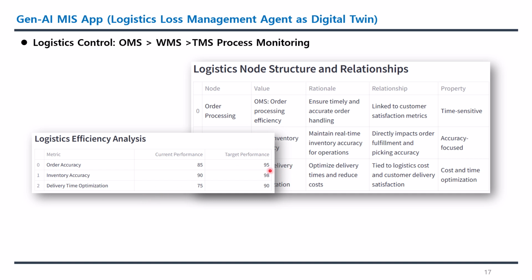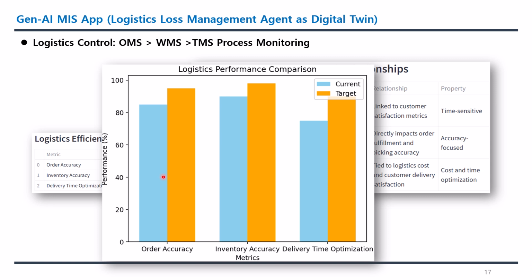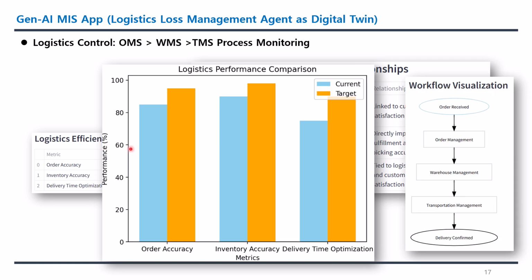This is a very wide area of business, but utilizing the ontology approach, we may gather and integrate all those different kinds of information together, and then monitor and keep track of the status of the business process for logistics.